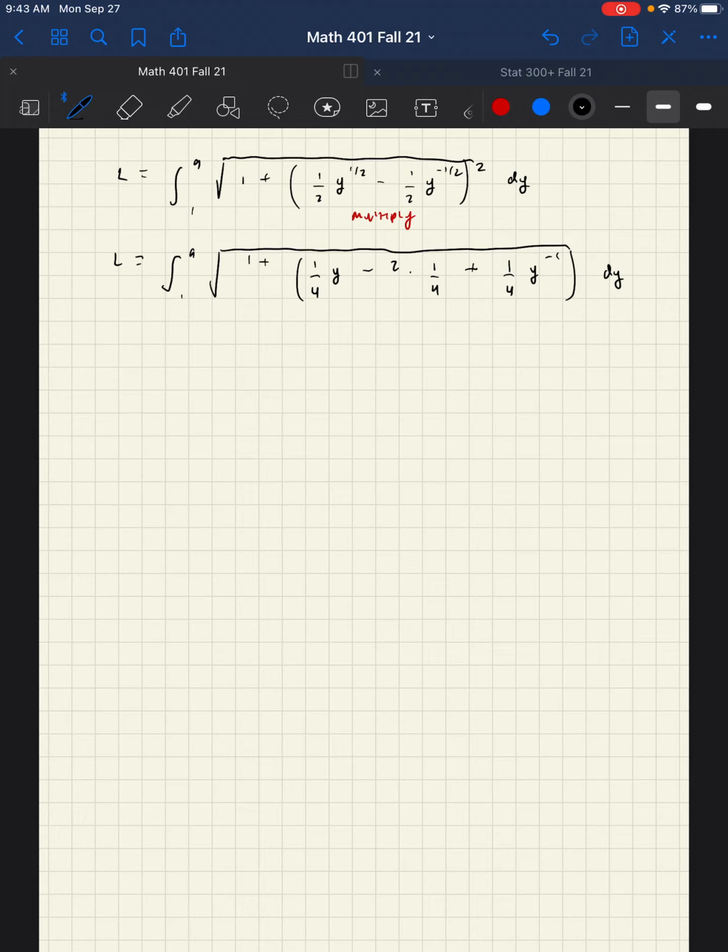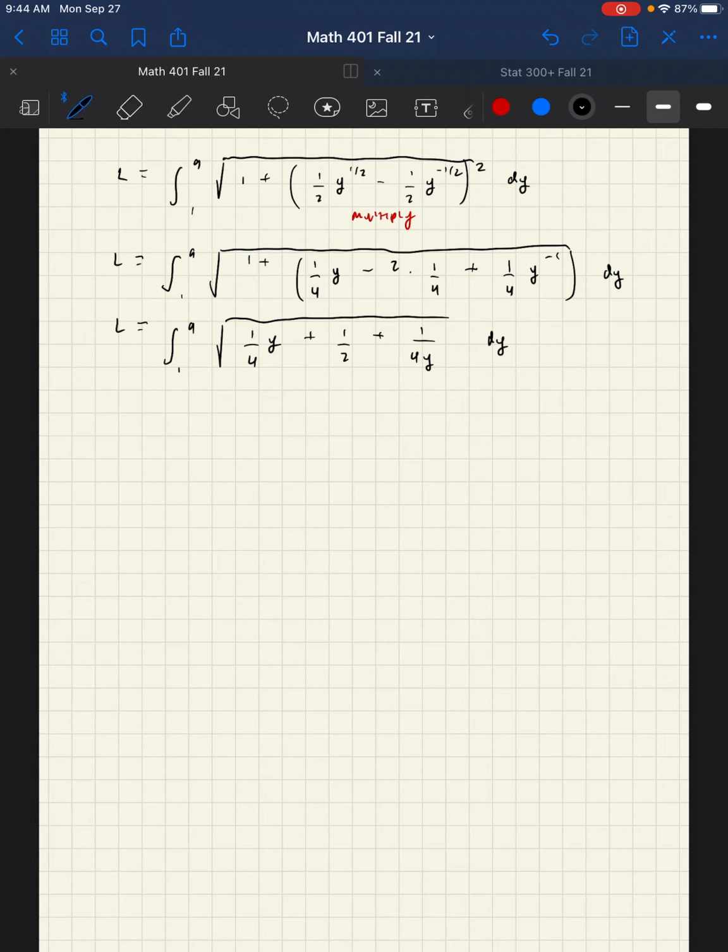And now we just clean this up to make it something manageable. So I'm going to express it as a polynomial slash rational. So I'm going to put the 1/4 y in front. And then 1 minus 1/2 is going to give us 1/2. And then the expression with 1/4 y to the negative 1, that's going to be the same as plus 1/4 over y.